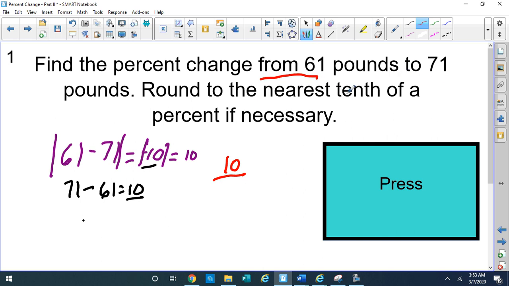So I'm going to put the 61 on the bottom of my fraction because that's the original number. And I'm going to multiply that fraction by the magic number, which is how we change to percent, the number 100.